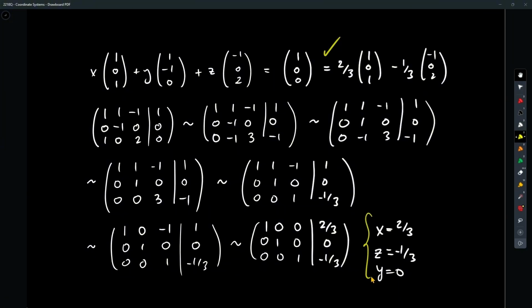So is it true that for any basis, the expression of one element in terms of that basis is unique? And that is, in fact, a theorem that we're going to prove next.